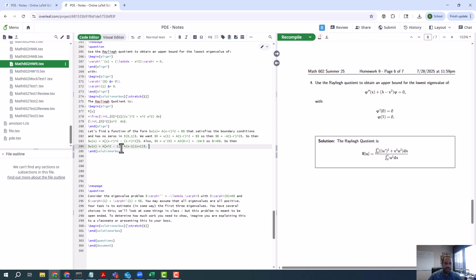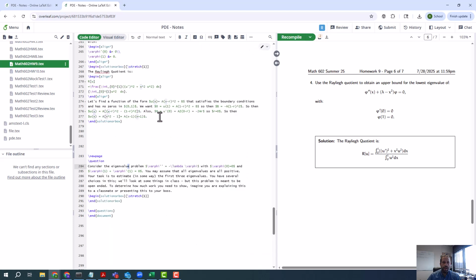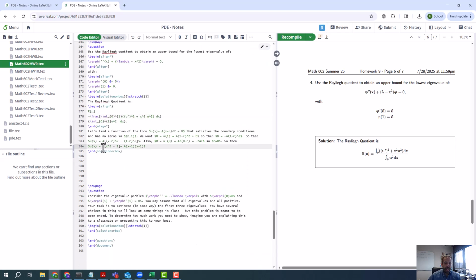Any function of this form will satisfy u of 1 is equal to 0, because if you plug in x is equal to 1, you get 0. In addition, for any function like this, if you look at this formula right here and take the derivative, you're going to get 2ax.